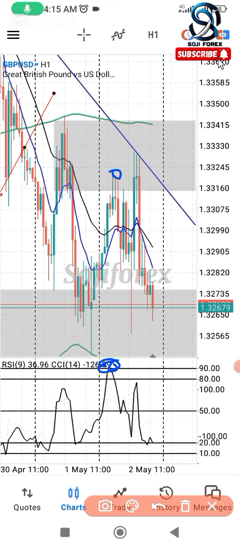But look at here now, price becomes higher than the previous one, right? But look at our commodity channel index, it becomes lower than the previous high. If price is high, the ideal scenario is that the commodity channel index too should be higher. But in this case, the commodity channel index was doing the opposite of what the main chart is doing.